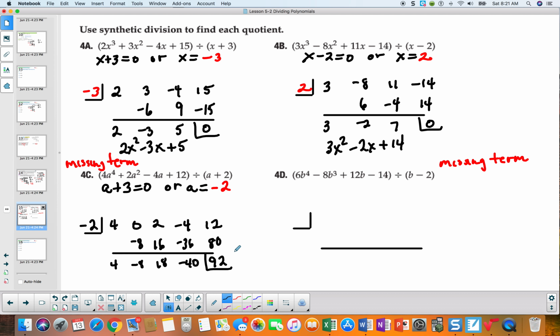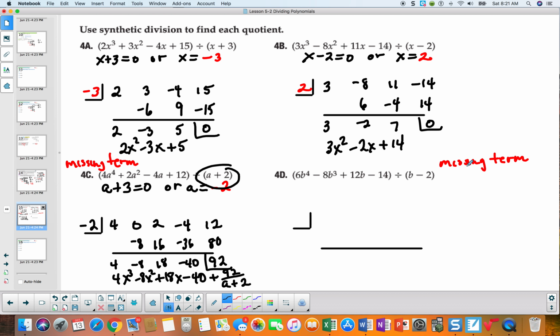I'm going to put a little box to remind me that's my remainder. So this answer is going to be 4x to the third minus 8x squared plus 18x minus 40 plus, and this is my remainder, 92 over, and what I've divided by is right here, a plus 2.